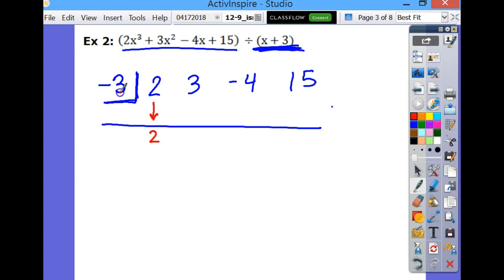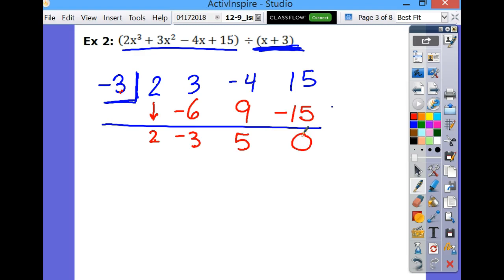You multiply the -3 times the 2, and that will give you a -6, and you add up the column. You multiply -3 times -3, and you get a +9, and you add up the column. -3 times 5 will give you -15, and you add up the column.